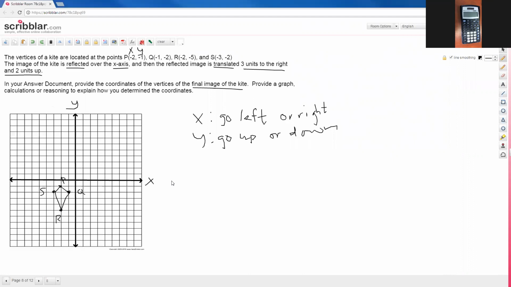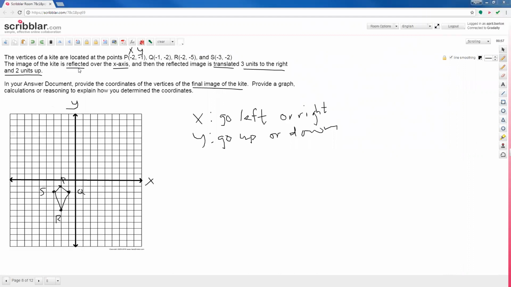The first instruction said to reflect over the x-axis. So when we say reflection, does anyone know what they mean when you want to reflect a figure? What's a more common word for a reflection? Mirrored, that's a common word.